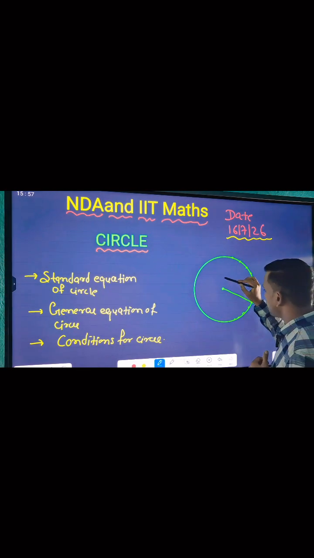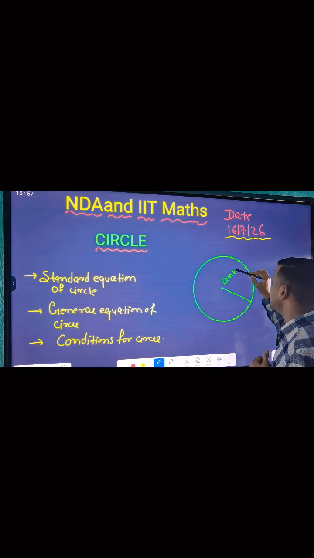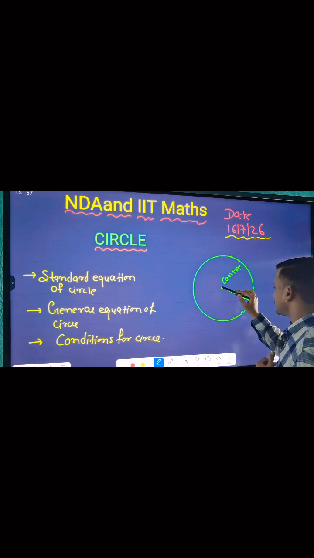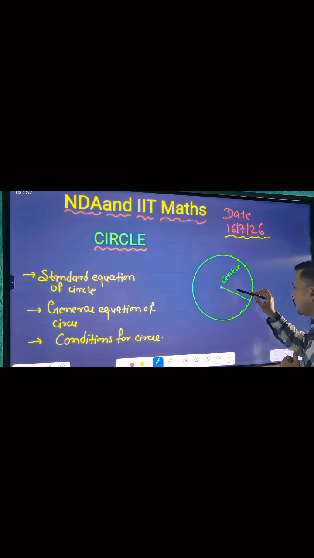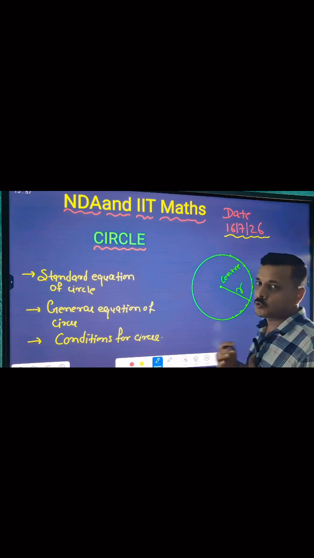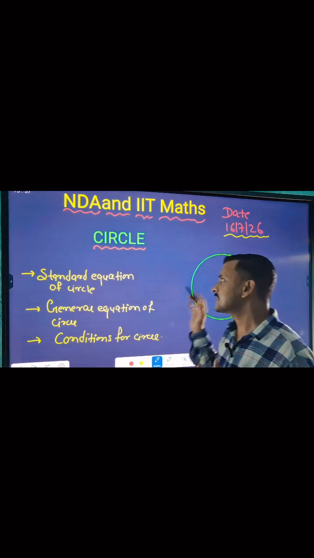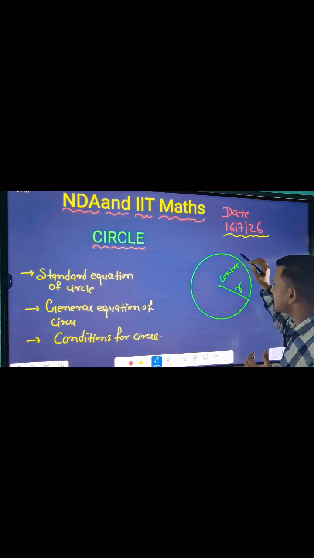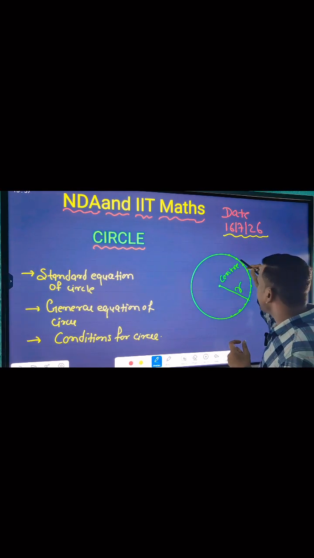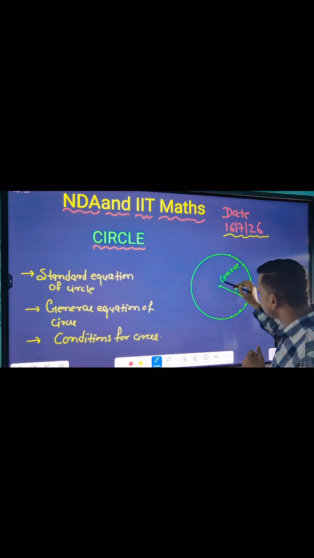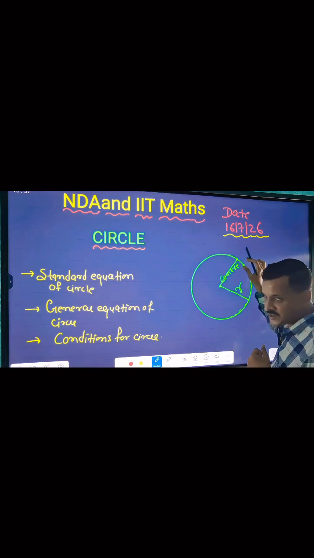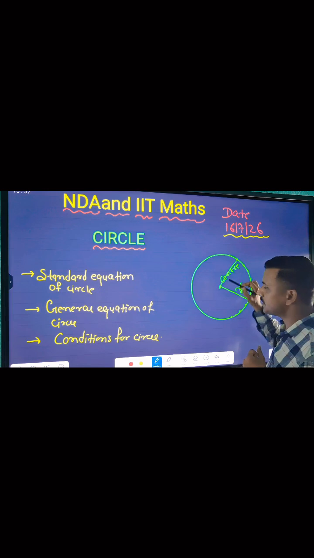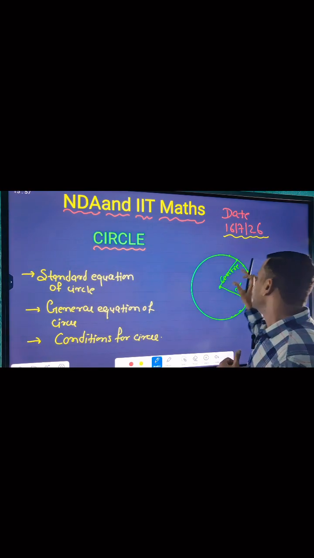This fixed point is called the center, and this fixed distance is called the radius. So what is a circle? A circle is a set of all the points in the same plane which are at a fixed distance from a fixed point. This fixed point is called the center, and this fixed distance is called the radius.